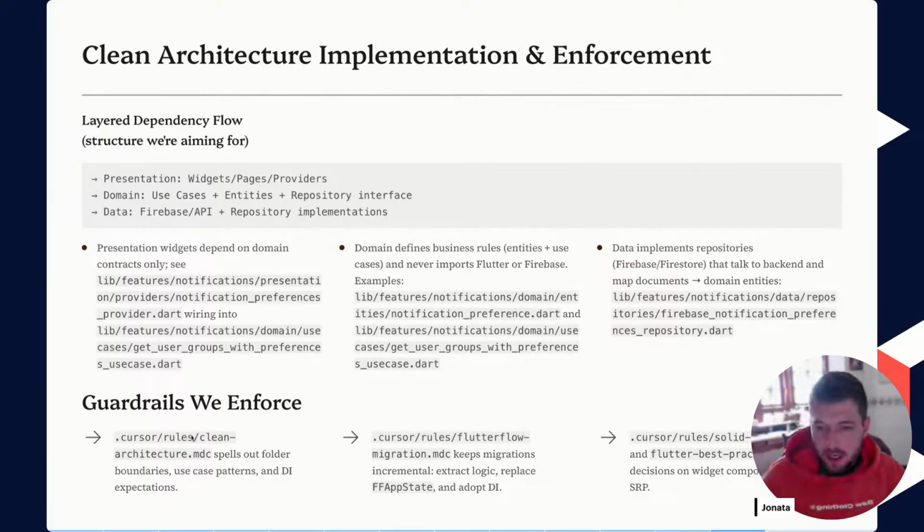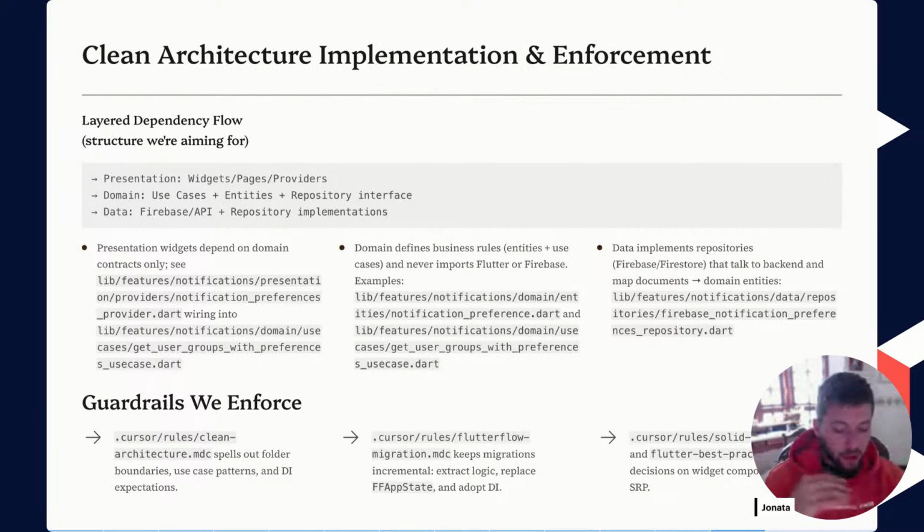So the clean architecture rule is basically a folder specifying and spelling out the SOLID patterns and how this is applied to our project. We have one very interesting rule, which is the FlutterFlow migration rule, in order to clearly define what we want when we are removing FlutterFlow dependencies from the app, and what are the things that we want to remove.